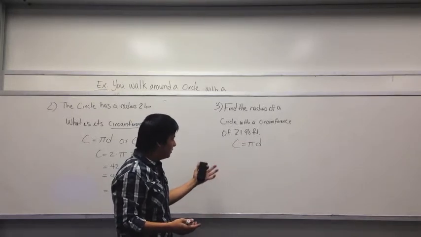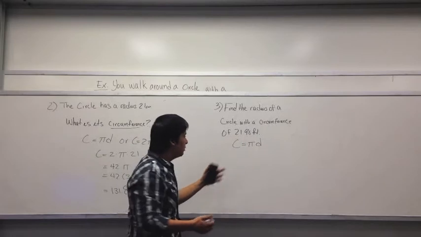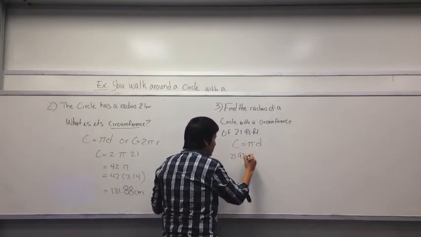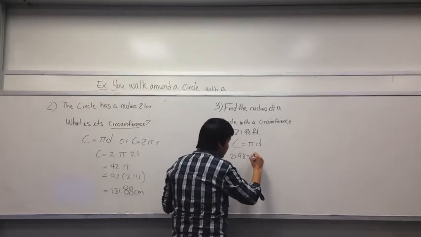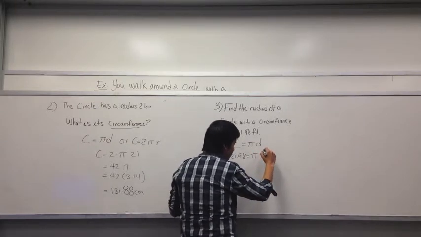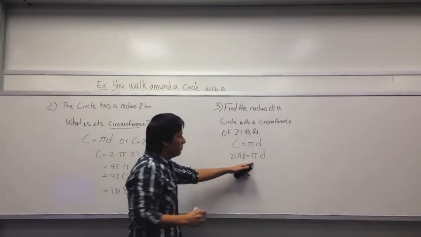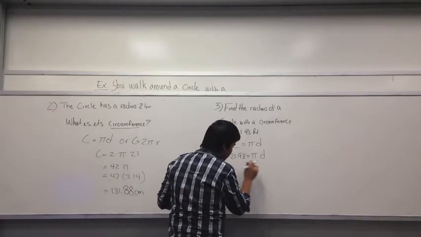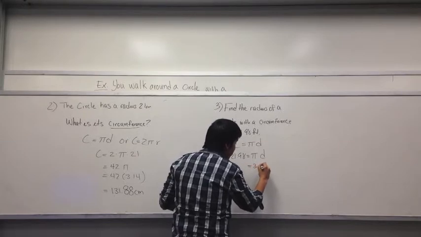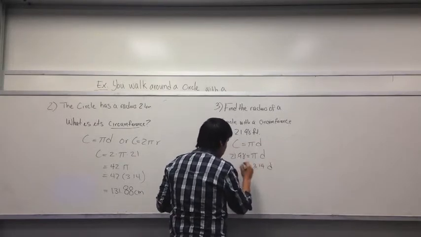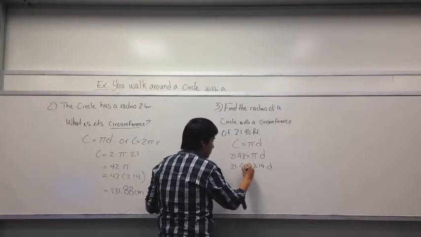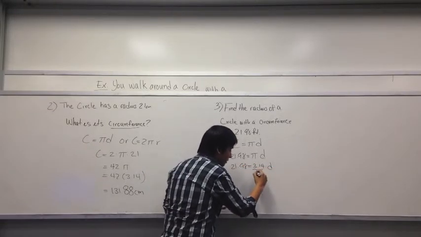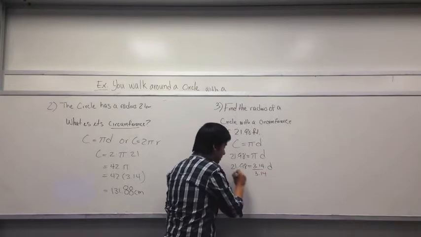So our circumference, 21.98, is equal to pi times D. We know pi is 3.14, so we put 3.14 times D. Now we have to divide to keep D separate.